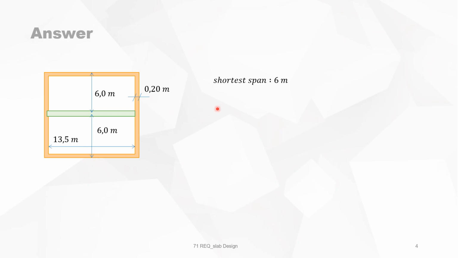So now we look at the shorter span of 6 meters. The effective span is, of course, the net distance plus the minimum of half the thickness of the slab, but we don't know this thickness yet, and half the width of the support. The net distance was 6 meters because this is going right in the middle of the beam, and the beam is underneath the slab.